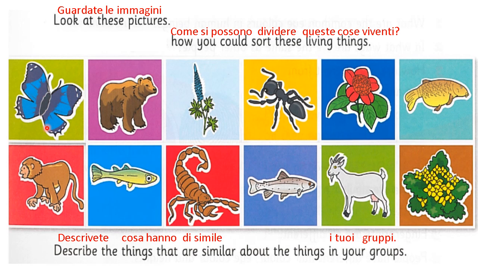There are 6 plus 6, 12 different pictures, and we can label them with letters A, B, C, D, E, F, G, H, I, J, K, and L. How could you sort these living things? Describe the things that are similar about the things in your groups.